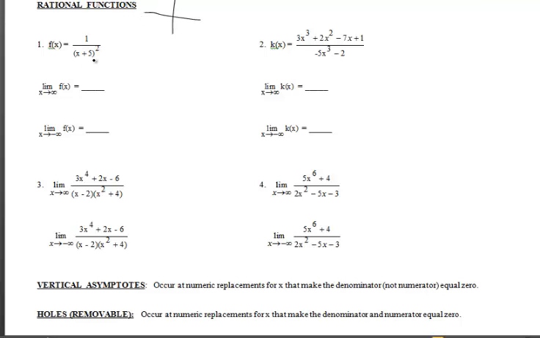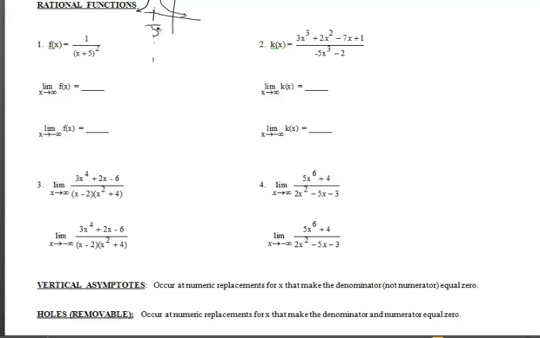Moving the parent function left 5, the graph is shifted left 5. The graph looks like this. It comes together at the asymptote.